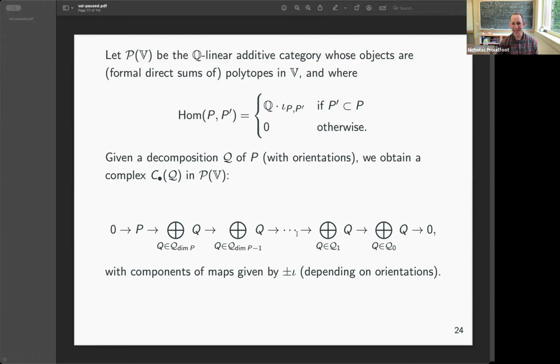And the point is, if I want a map from a 5-dimensional face to a 4-dimensional face, well, maybe that 4-dimensional face is contained in the 5-dimensional face, and then I want to take iota, or maybe it's not, in which case I have 0. And then I have to have some signs depending on the orientations. Does the orientation of the bigger thing induce the orientation of the smaller thing on the boundary or not? And I also have a P here because all these Q's sit inside of P. I get a complex like that.